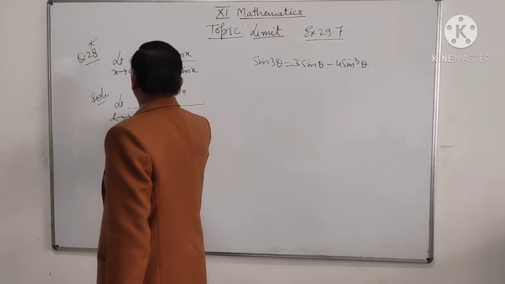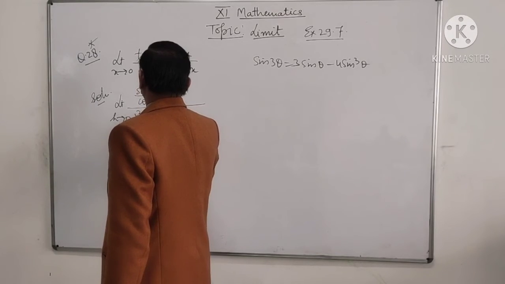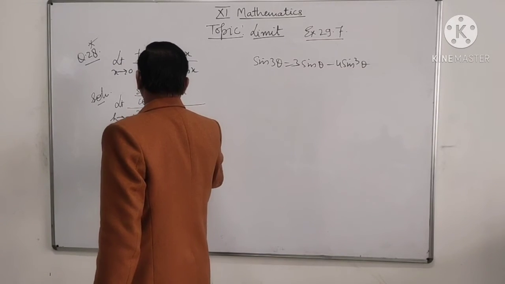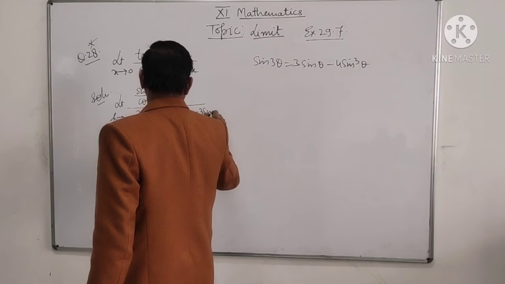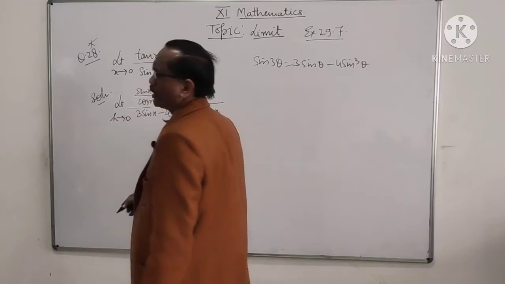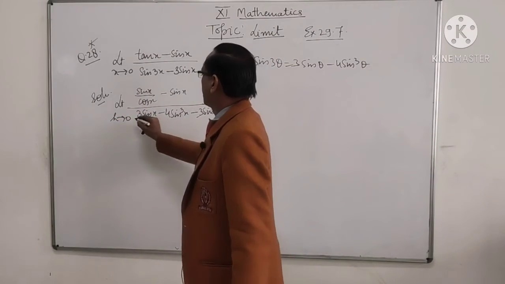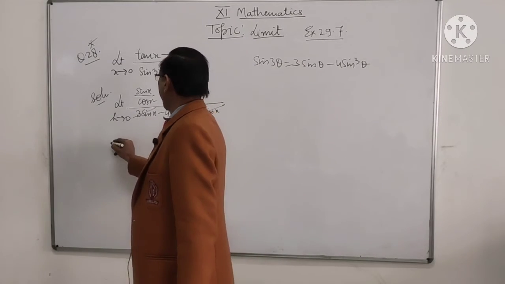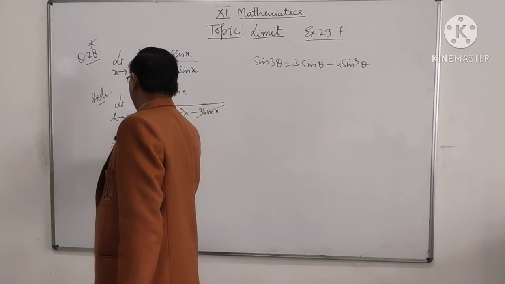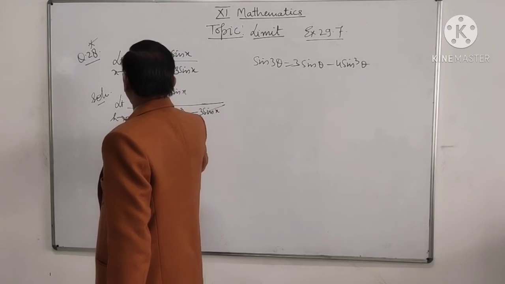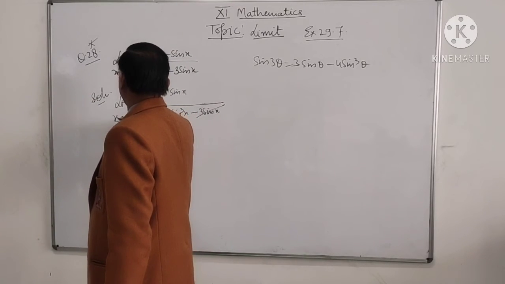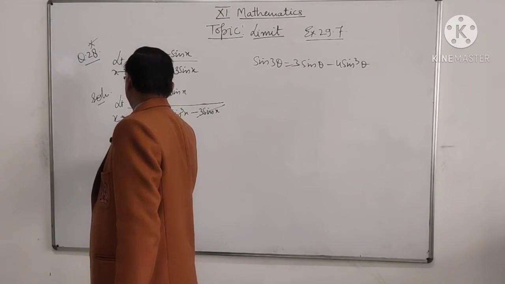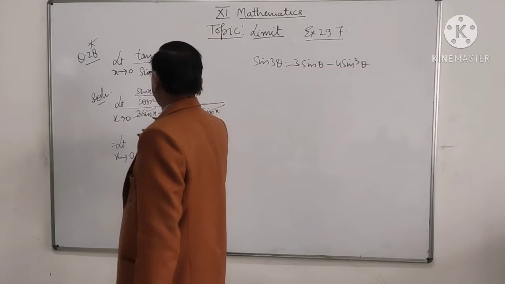It is 3 sin x minus 4 sin cube x minus 3 sin x. So here 3 sin x cancel out. Now 1 sin x common.